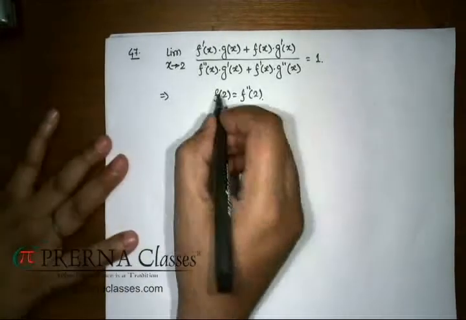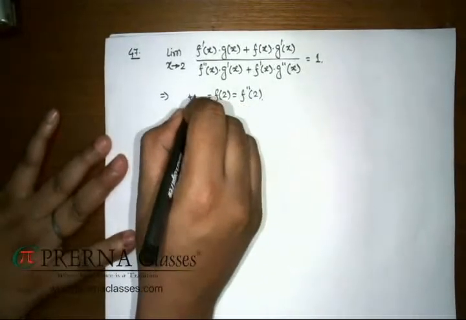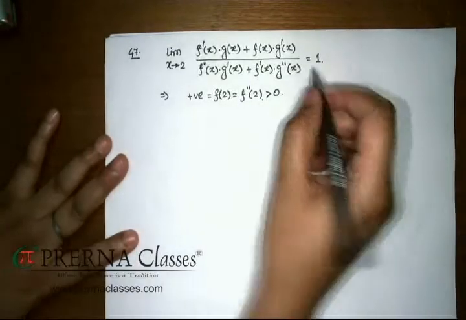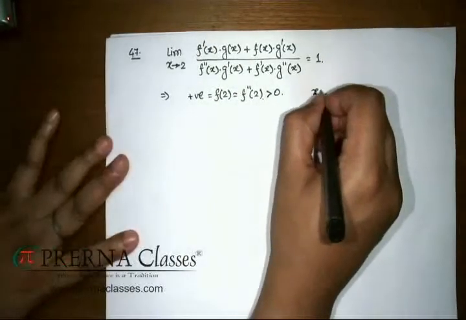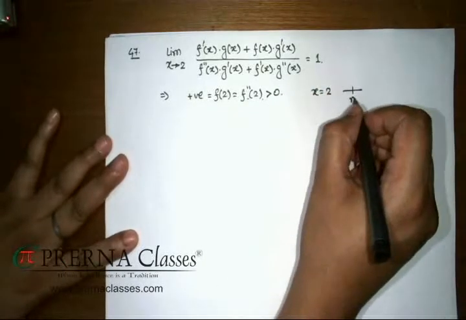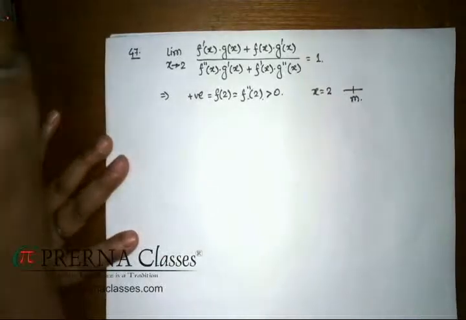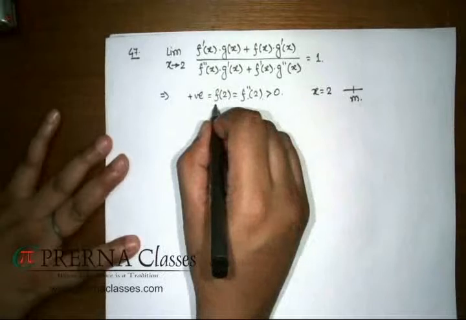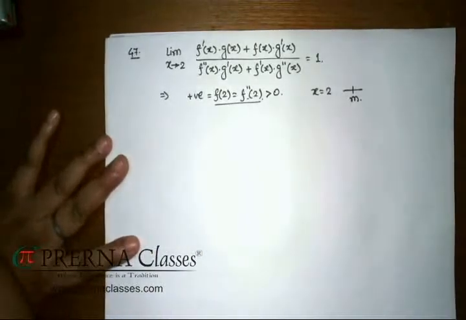But if you observe the way the codomain of f was defined, it is ranging from 0 to infinity, I can then safely claim that this quantity is positive, so f double dash 2 is also positive. And since f dash 2 was 0, clearly then x equal to 2 is one of the extrema. But since the double derivative is positive, it is a point of local minima then.